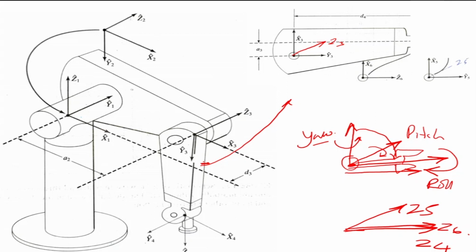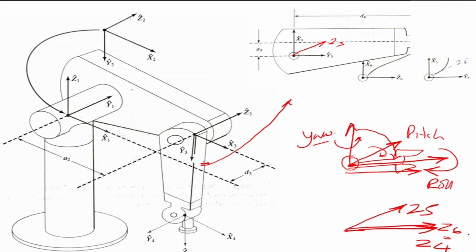Whether it is this side or this side, it is relative. If you put it on top, there is a problem in assigning your DH parameters. That is the reason in the textbook for the Puma robot that Z4 and Z6 seem to be along the same axis, but it is relative.